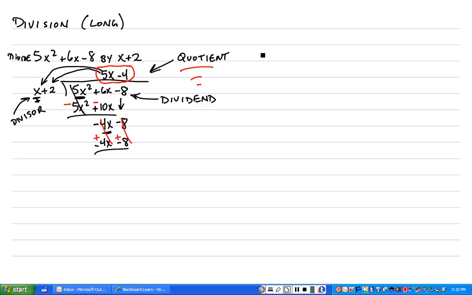Let's divide 2x squared minus 3x plus 1 by x minus 5. So we set that up: x minus 5, 2x squared minus 3x plus 1.